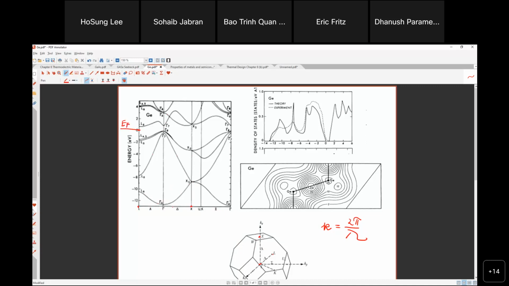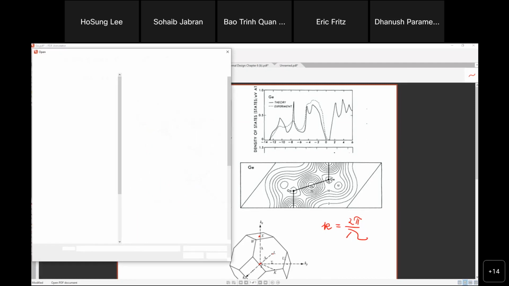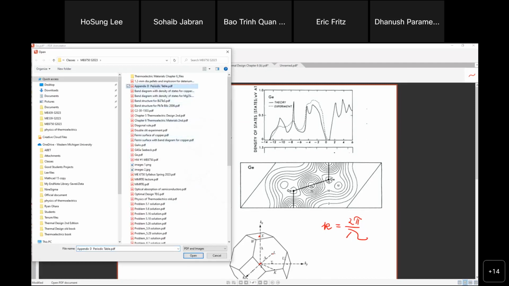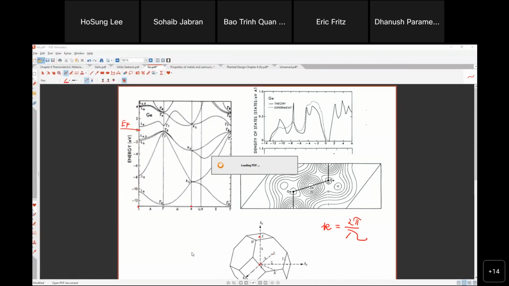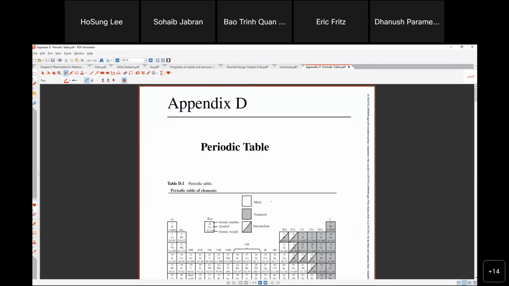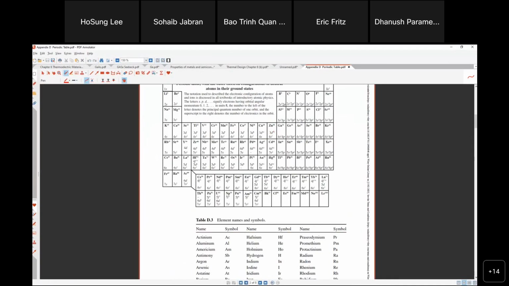So let's look at the germanium, Appendix D. Yes, germanium. So the valence is 4s2, 4 is quantum number 4, s2 p2. Valence is 4, germanium.